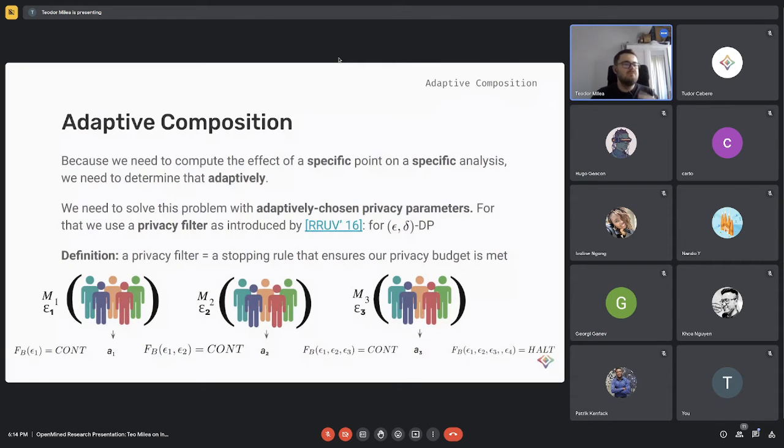Of course, maybe the filter will hold, and then we will have to stop the computation, and we can make sure, okay, now we've used as much as possible given our model. But of course, we can stop even before that.